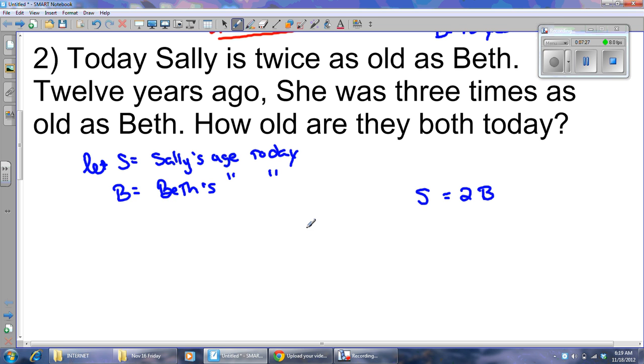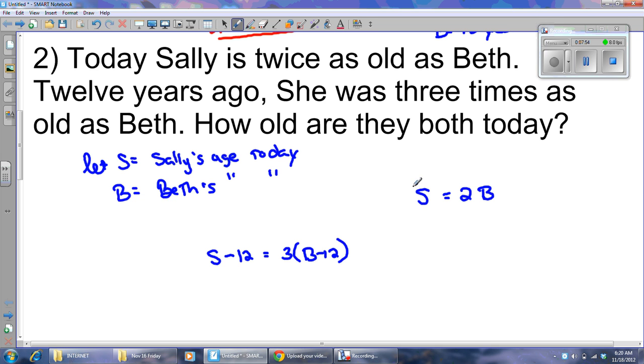Okay? 12 years ago. Well, how old is Sally 12 years ago? If today she's S, then 12 years ago she's S minus 12. That makes Beth B minus 12. And it says 12 years ago she was 3 times as old as Beth. So to make them equal, I have to triple Beth's age in the past.